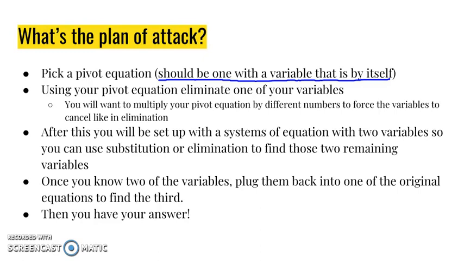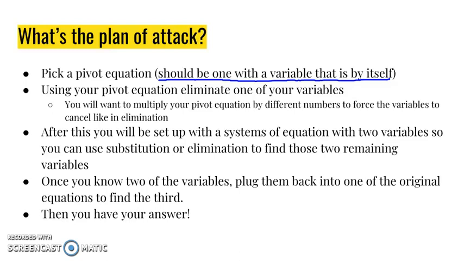And if I have my systems of two equations with two variables, we know that we can use substitution or elimination to solve those. Okay? And we're going to use our substitution or elimination to solve for two of the variables. Then once we know two of the variables, we can simply plug those two values back into any one of the original three equations to find our third, and then we've got our answer.